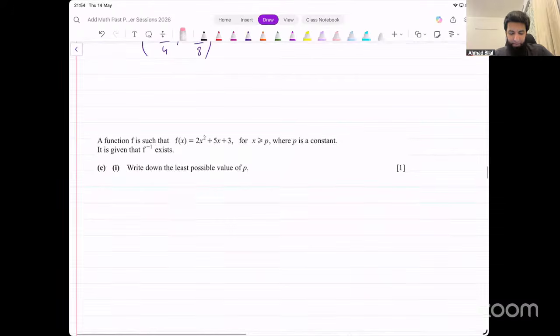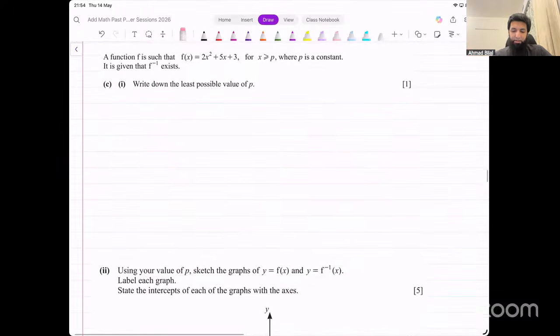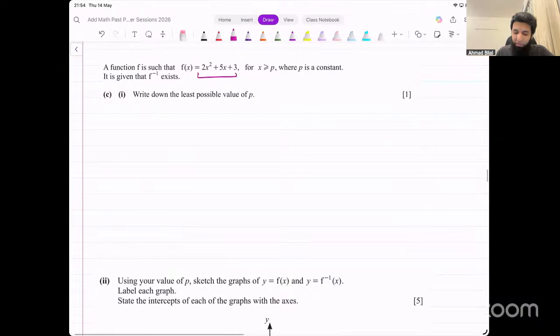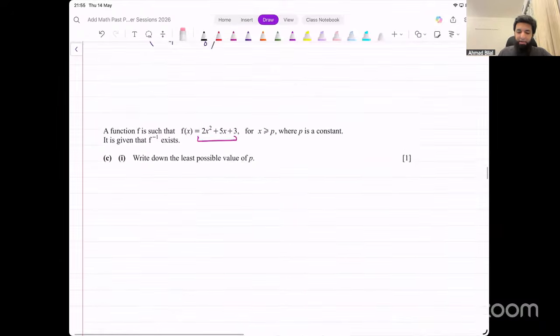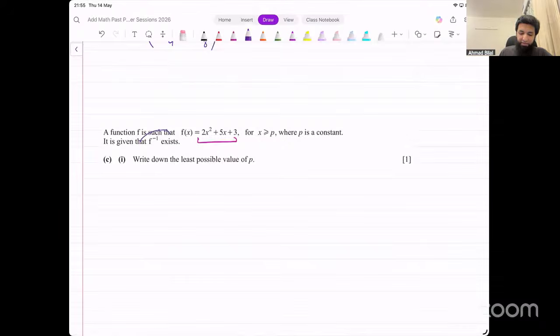Now they're saying a function f is such that f of x is equal to this for x greater than or equal to p, where p is a constant. It's given that f inverse of x exists. Now, what are they telling you with that statement? F inverse of x exists. What does that mean?